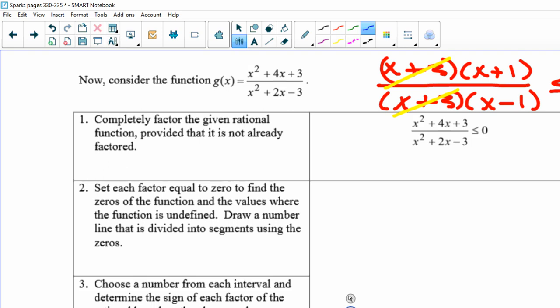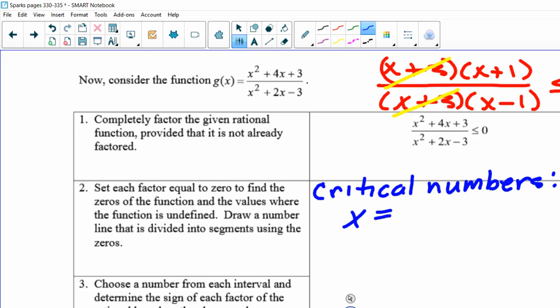All right, look at step 2. It says set each factor equal to 0. When we do this, what we are finding is our critical numbers. Every factor that you see, we're going to set equal to 0, and those are our critical numbers.